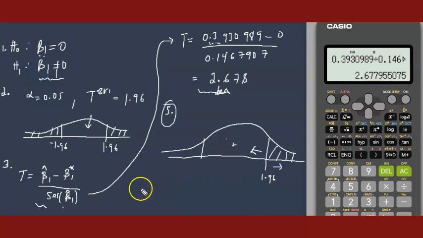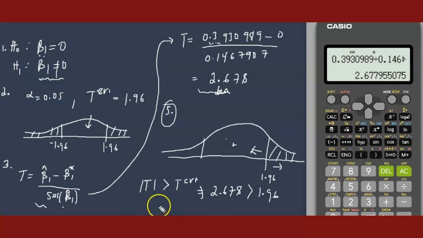So we can say this t, the absolute value of this, 2.67, is greater than the critical value that we have, the t critical, 1.96.